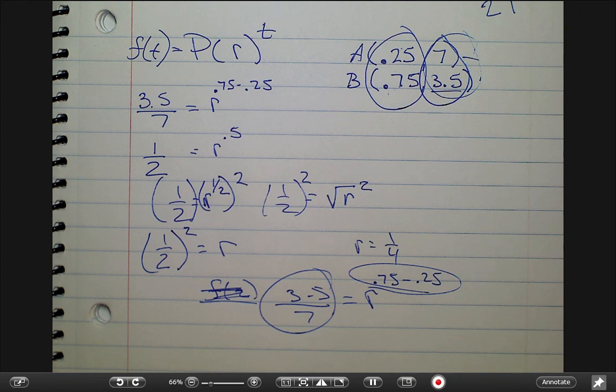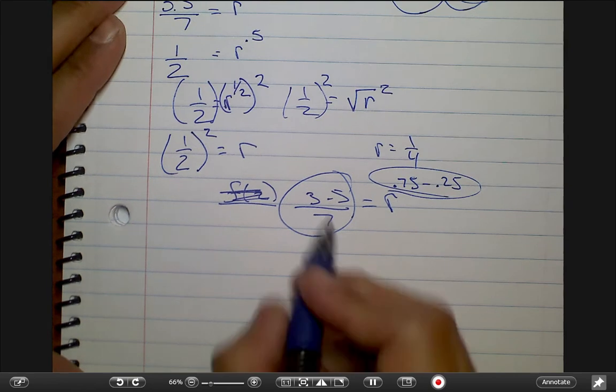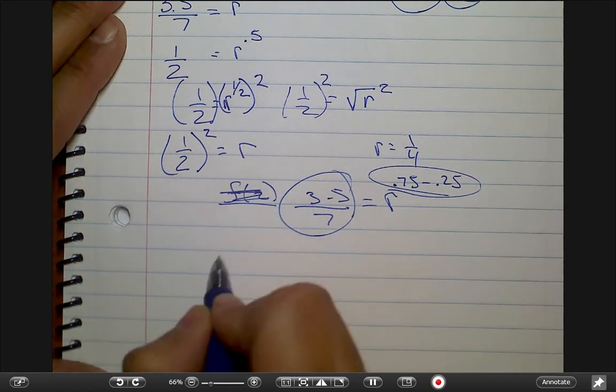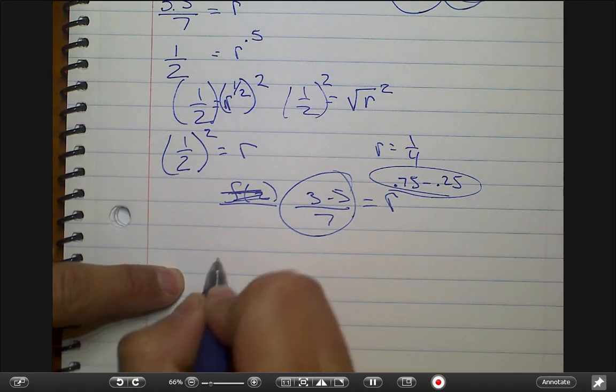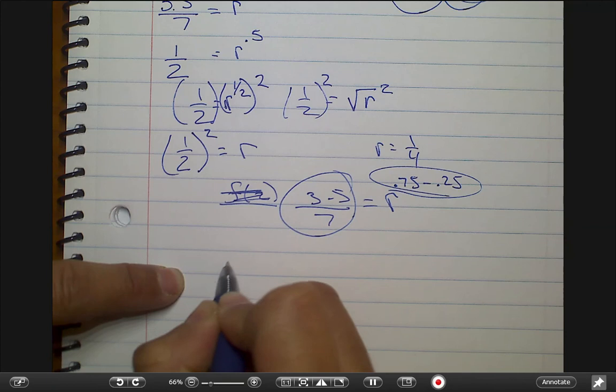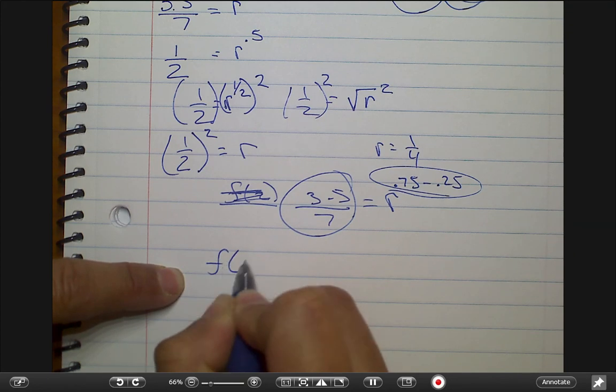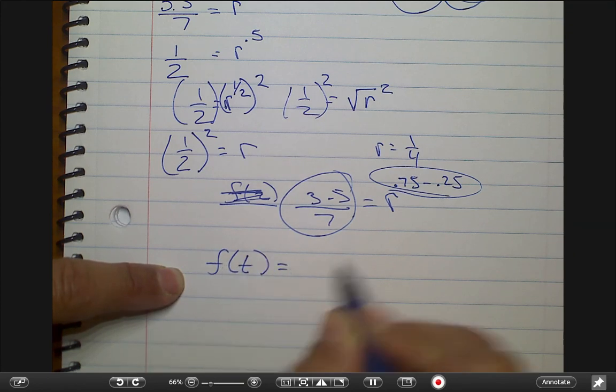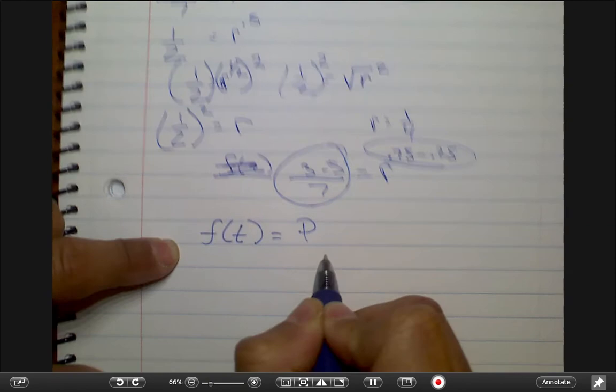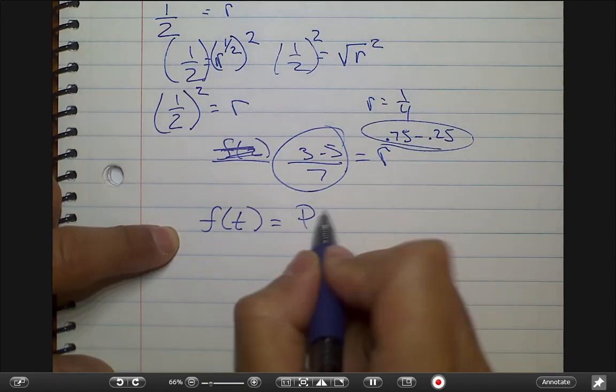So this is probably one of the more complicated of the problems, and I'm pretty sure there's not going to be one like this on the test, but it is important to know. So now I'm going to write out the whole thing. I'm going to start off with my f of t is equal to whatever my initial is, because I still haven't found that one.